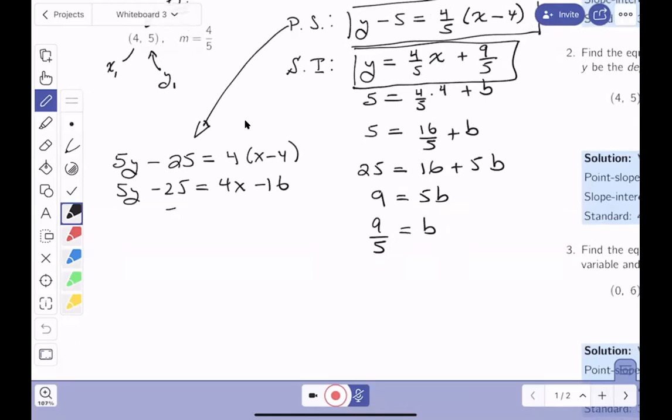I'm going to add 25 to both sides. You get 5y equals 4x plus 9. I added 25 to both sides. Now divide both sides by 5. What do you get? Y equals 4 fifths of an x plus 9 fifths.